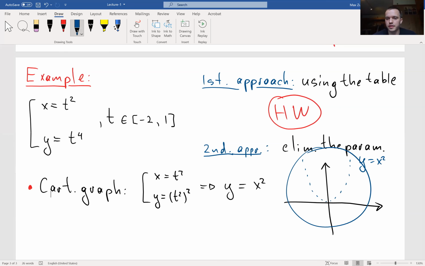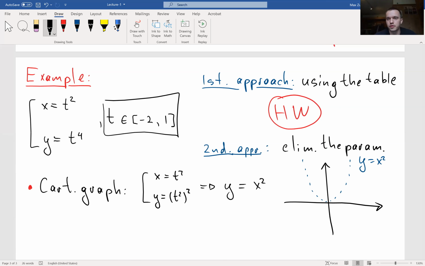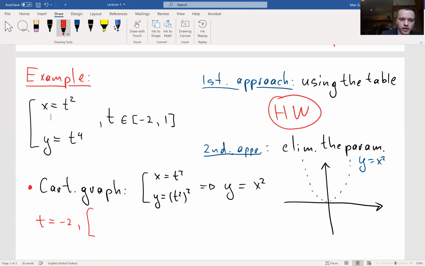But if you write that as your final answer, that's going to be wrong, because for a parametric graph we have the really important variable t. So we know that when t is equal to -2, we have our initial point. When t is equal to -2, x is equal to 4 and y is equal to 16.